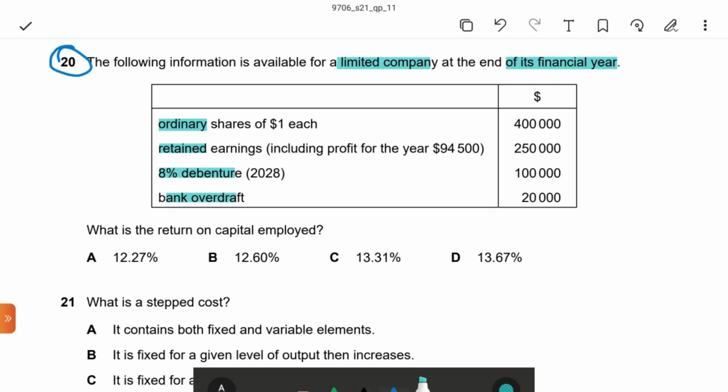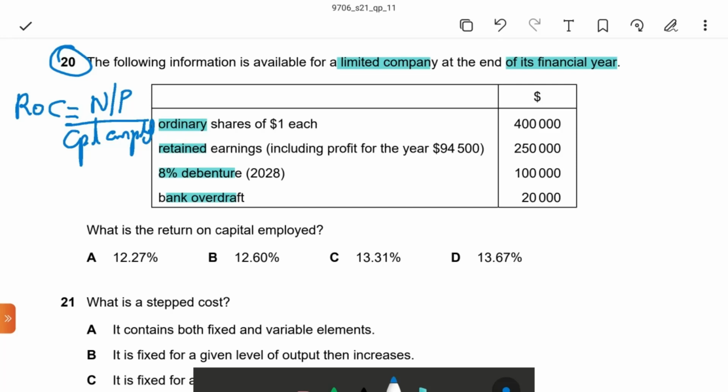How to calculate return on capital employed? ROCE is equal to net profit divided by capital employed.